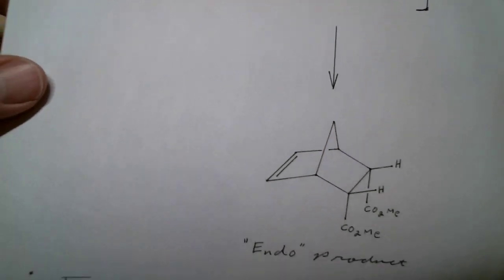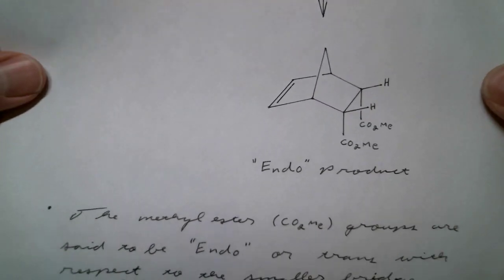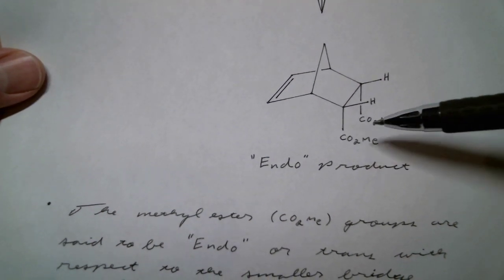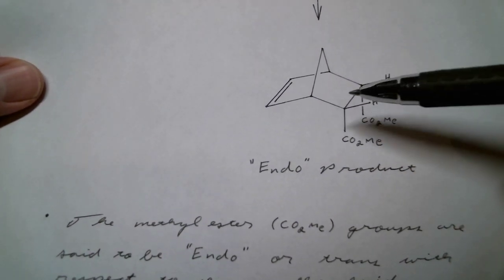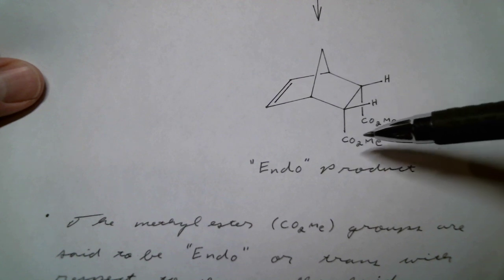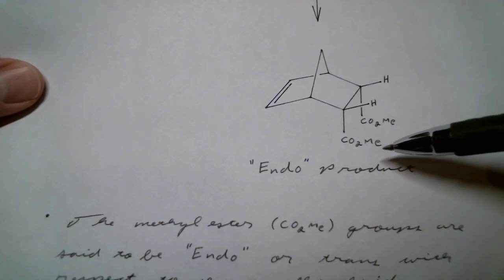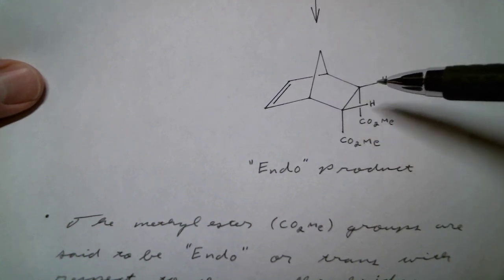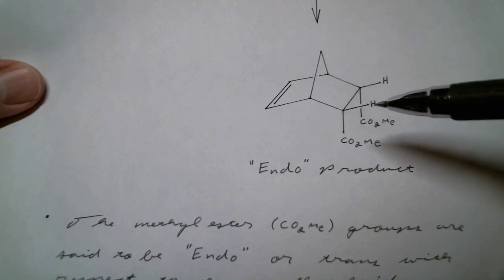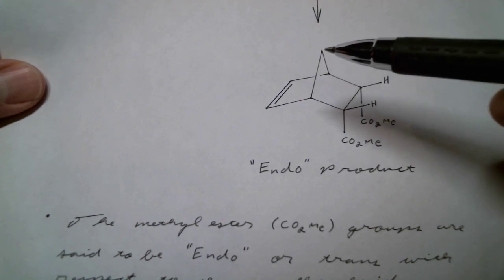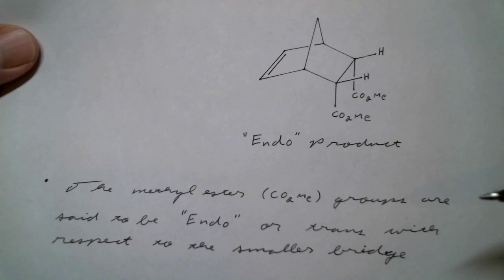atom-wise. Anyways, this is referred to as the endo product, and we can see after we've unfolded it that these 2 CO2Me methyl ester groups are pointing straight down. The hydrogens are cis on the same side with that smaller carbon bridge.